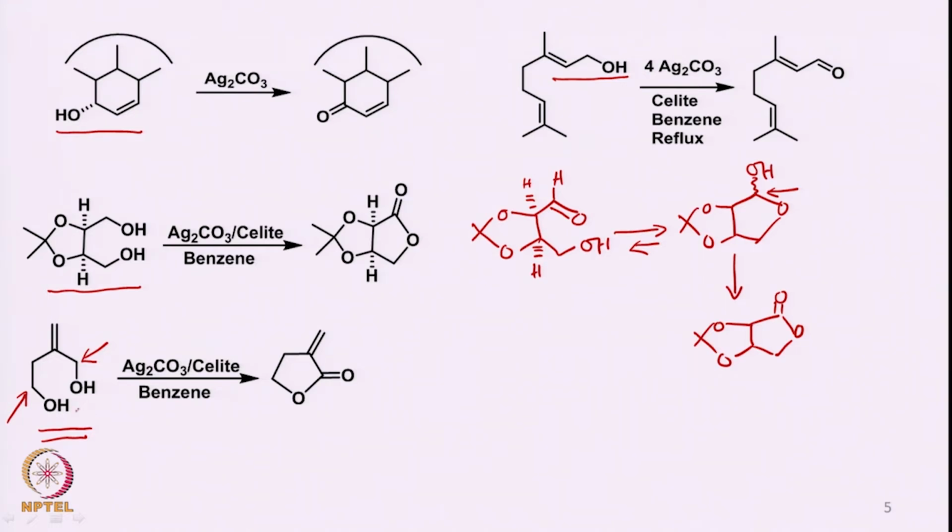Therefore, in this case there are two possibilities, either this non-allylic primary alcohol gets oxidized or this allylic alcohol which is also primary can get oxidized. But there is a preference for the oxidation of the allylic alcohol and eventually what we get is this particular lactone which is gamma butyrolactone.